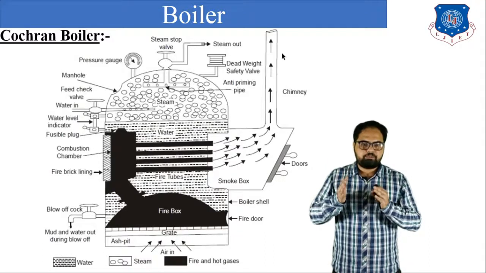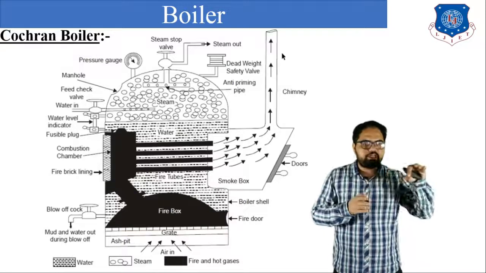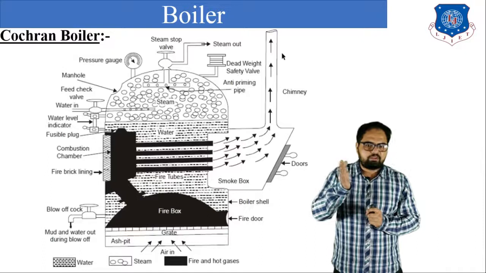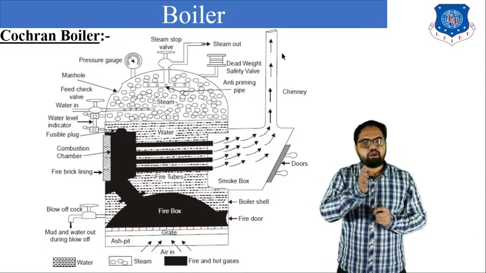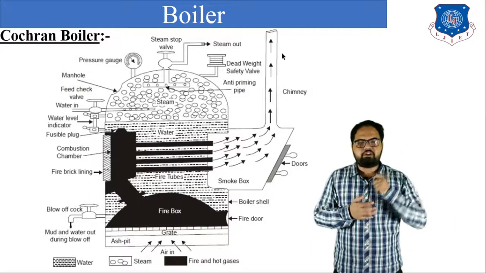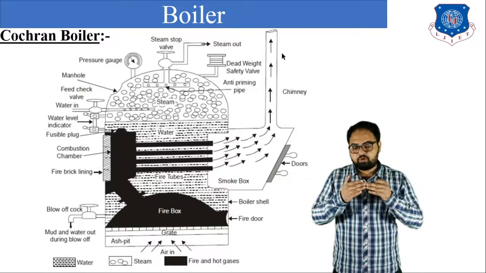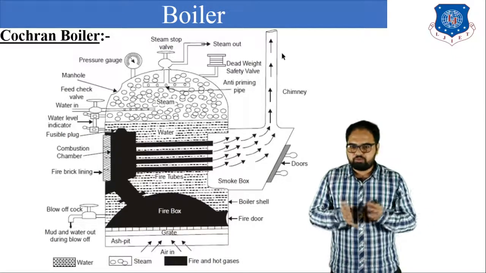In the combustion chamber, the flue gases are equally distributed into each and every fire tube. While the flue gases pass through the fire tubes, the tubes are in contact with the water. Inside the tube there are hot flue gases and outside there is water, so it is a fire tube boiler, as we know.